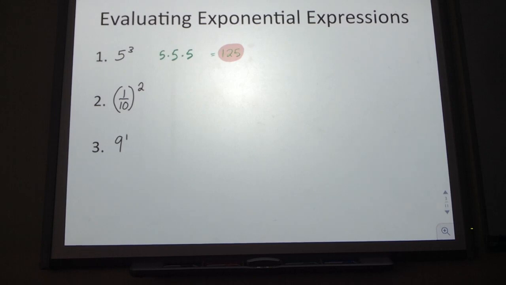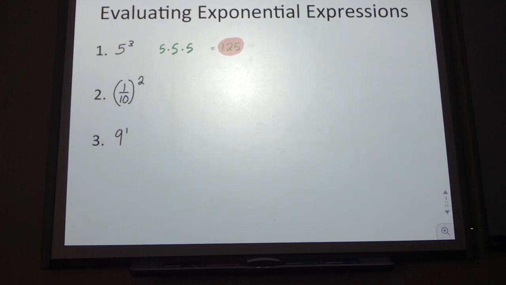What about 1/10 squared? Anybody know what that is? 1 over 100. So we'll talk about it a lot later, that you can take that exponent and write it on each part of that, or you can just do this right now. Because exponents just mean write it that many times. So if I did 1 times 1 and 10 times 10 there, then yes, we get 1 over 100.